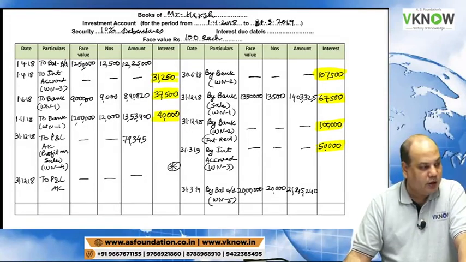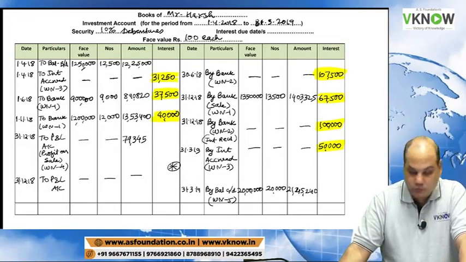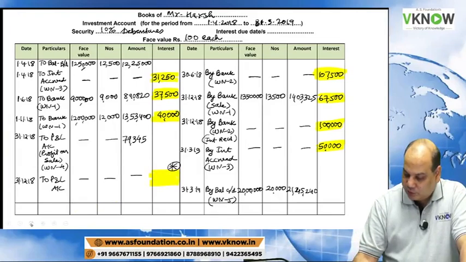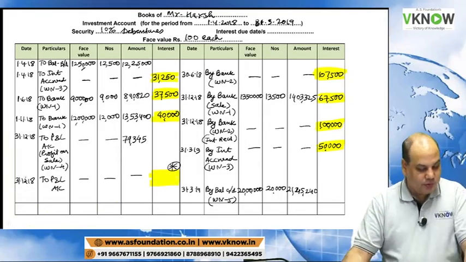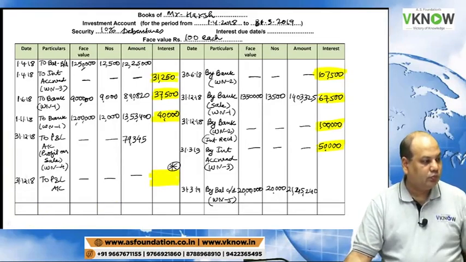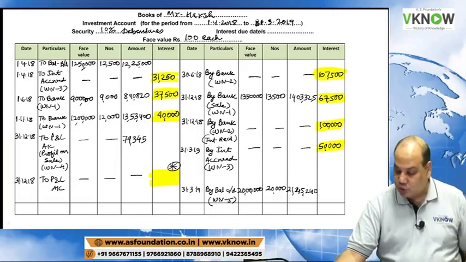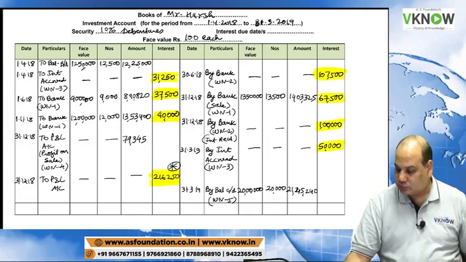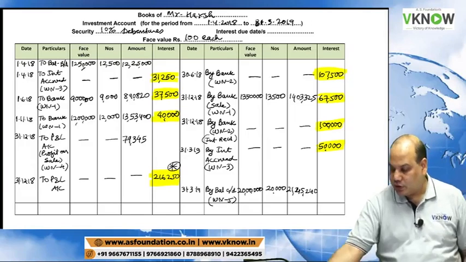So this will give me net interest, which will be transferred to P&L account here. I am waiting for your answer. How much interest will be transferred? 216,250 is right.